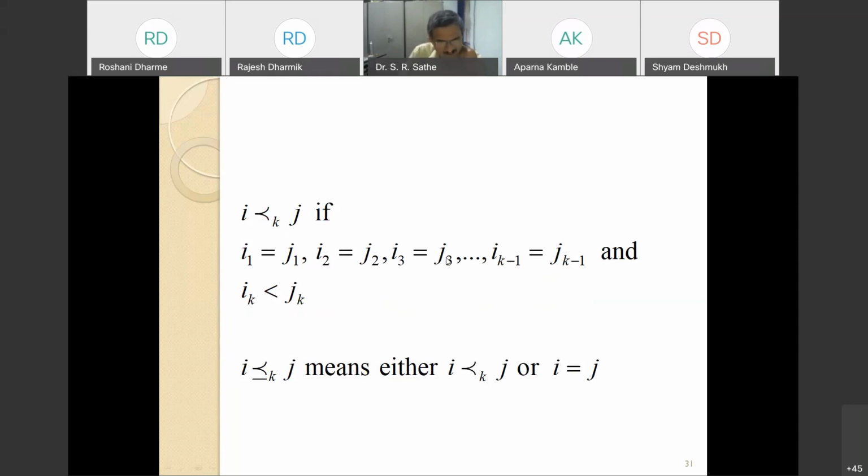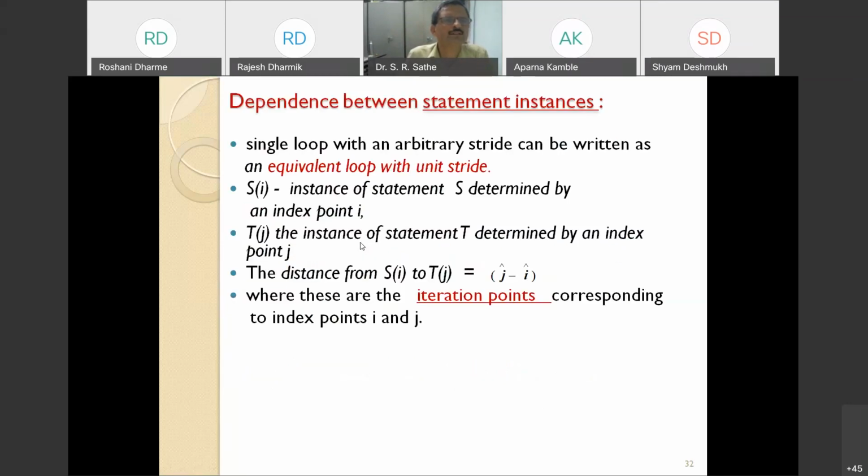Previous entries to this are all equal. Okay, and I less than or equal to j means either I less than j at k or I equal to j. Two vectors are equal if all their entries are equal. If one vector is 1, 1, 1 and the other vector is also 1, 1, 1, they are equal. Okay, so this is one more mathematical definition.